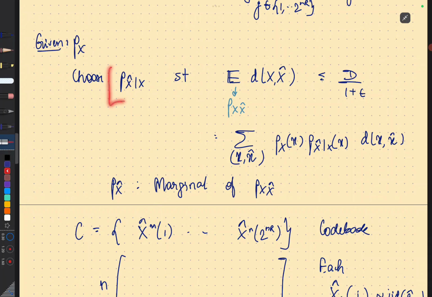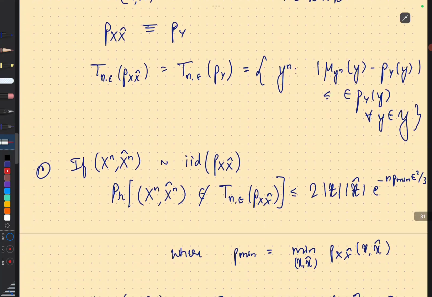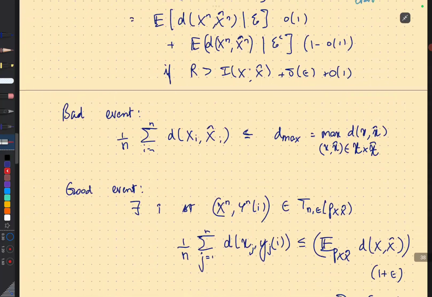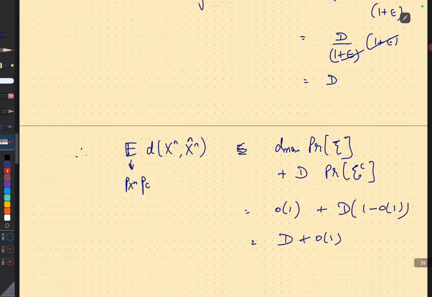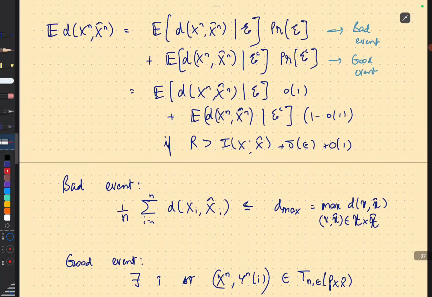And if we chose any such distribution P x hat given x, we saw that the rate needs to be at least the mutual information between x and x hat if we want the target distortion to be small.